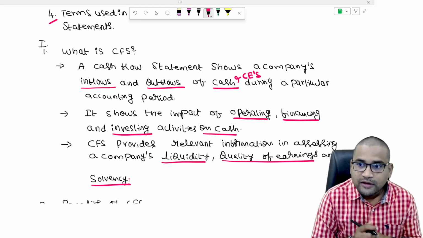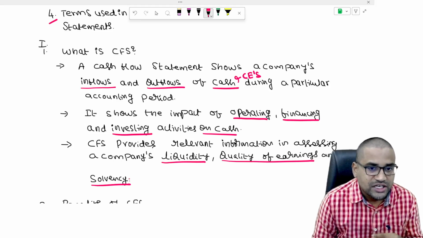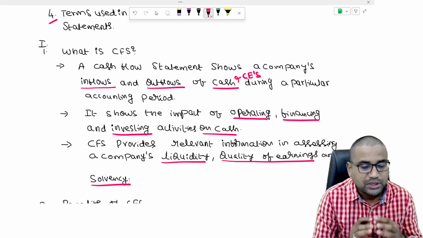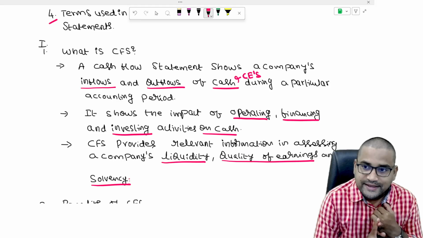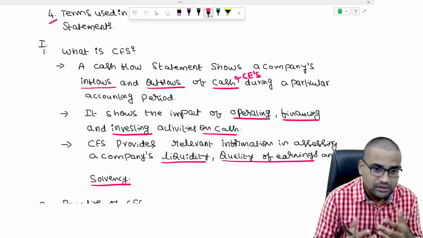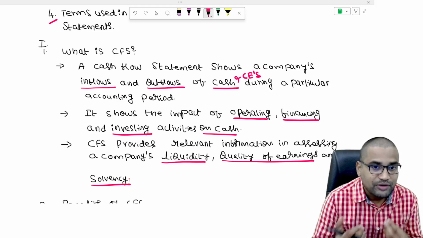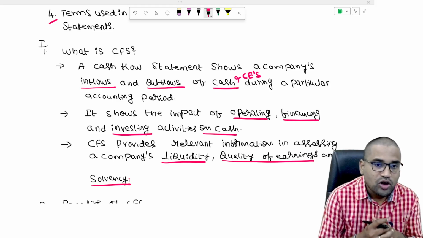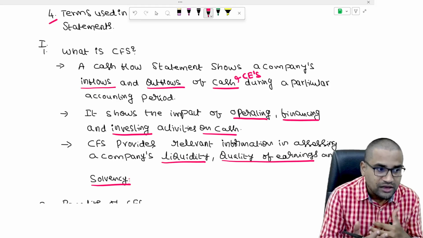I told you, whether the company is generating sufficient cash to meet expenditure. For example, every month the company needs to pay salaries, rental expenditure, electricity expenditure, and purchase raw material for production. A lot of expenditure needs to be incurred, and for that cash is required.